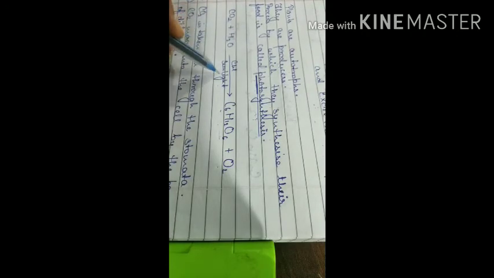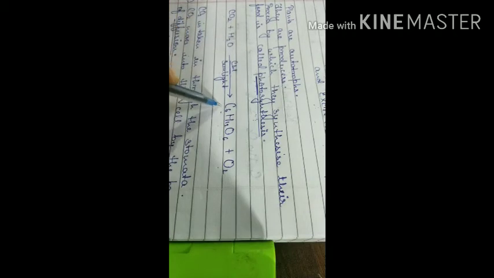Above the arrow you can see chlorophyll. So in the presence of chlorophyll and sunlight, it gives glucose and oxygen. Glucose is the food prepared by the plant, so the product of photosynthesis is glucose and oxygen.